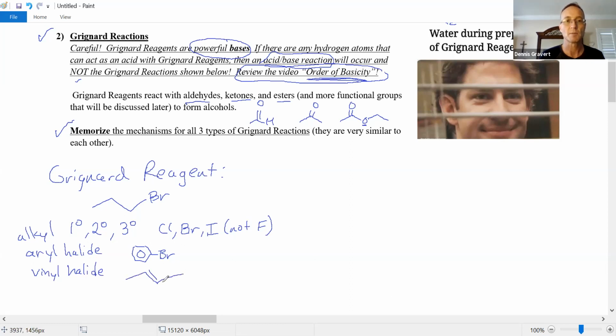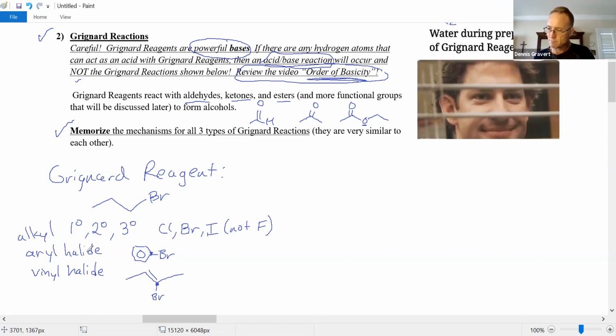So you can have a couple double bonds or one double bond, whatever, and put your favorite halide attached to that sp2 carbon. This is also sp2 hybridized. Still works. Very versatile. And that actually adds to its popularity as a good reagent, because there are so many options. Chemists love options. Okay, I think I got all those options. Let's double check my list.